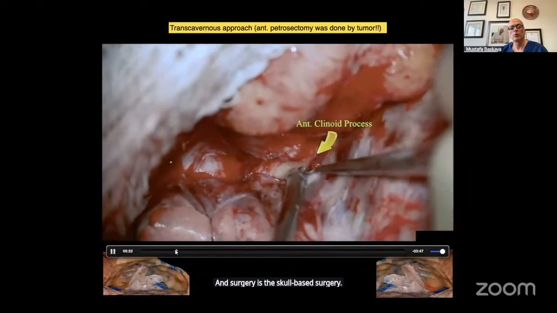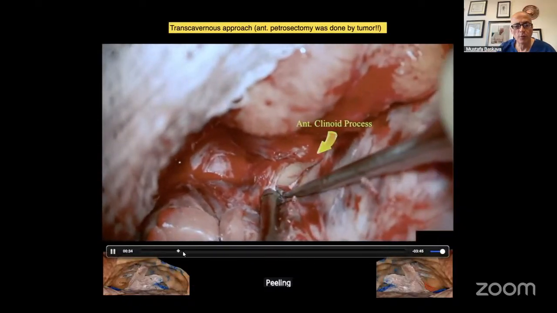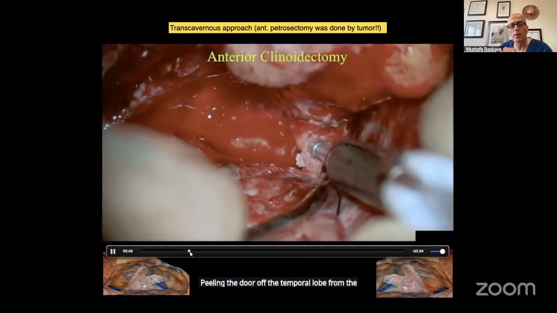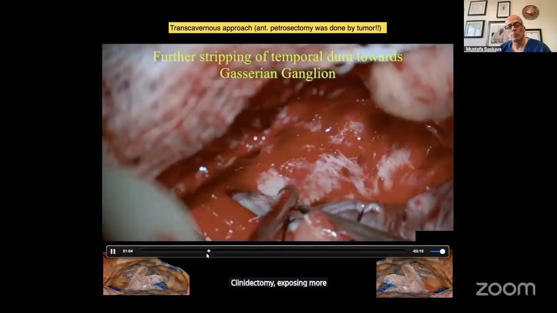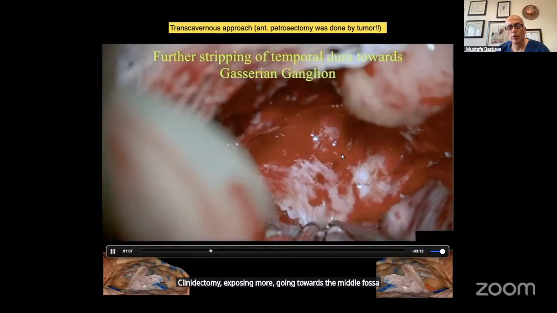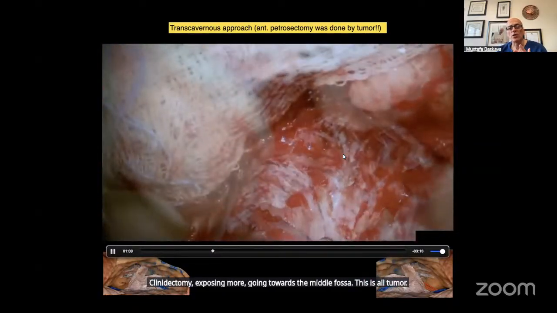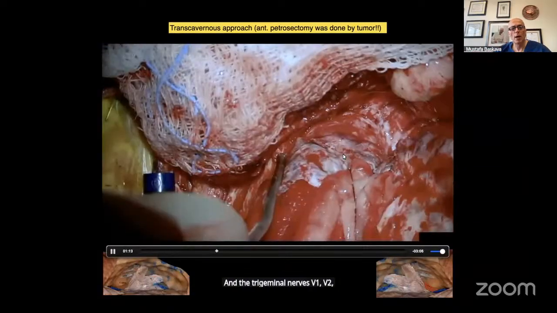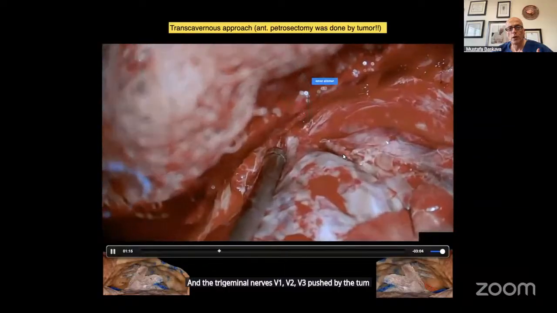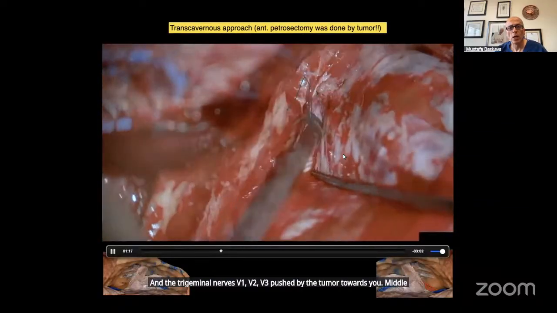Peeling extradural, peeling the dura of the temporal lobe from the cavernous sinus, clinoidectomy, exposing more, going towards the middle fossa. This is all tumor. And the trigeminal nerves, V1, V2, V3, pushed by the tumor towards you. And middle meningeal here.